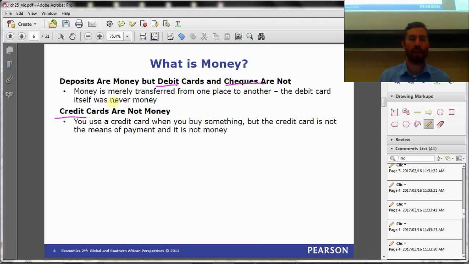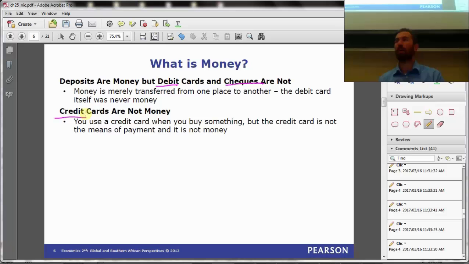Same thing with a credit card. What happens with a credit card? A credit card does the same process, except what it can do is it can increase the money supply, because of what happens when you use a credit card. Let's say I use the credit card in a shop and I have no money in my bank account, so I use my credit card to pay for something.